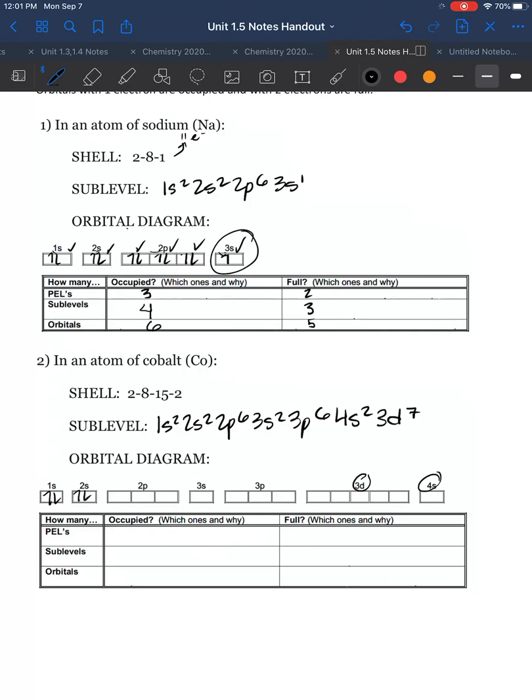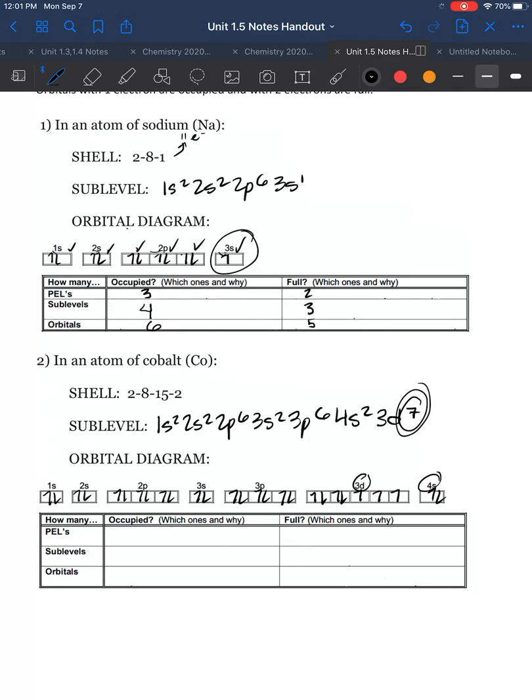So filling it in, 2 electrons in each full orbital. Remembering 3d only has 7, so we fill as 1, 2, 3, 4, 5, going back down. Now we have 7, and then our 4s here.